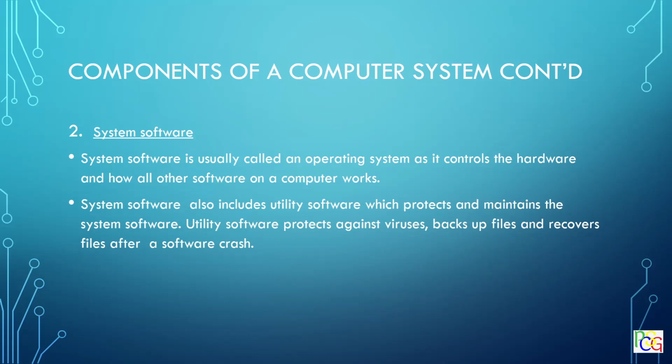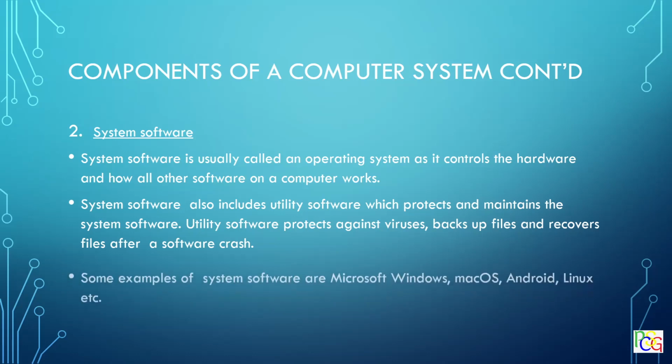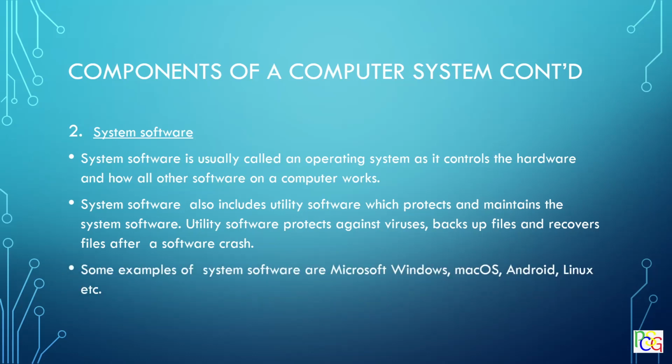So utility software protects against viruses, backs up files, and recovers files after a software crash. Some examples of system software are Microsoft Windows, Mac OS, Android, Linux, etc. So system software is the operating system, but also the utility software that protects the operating system and maintains it.